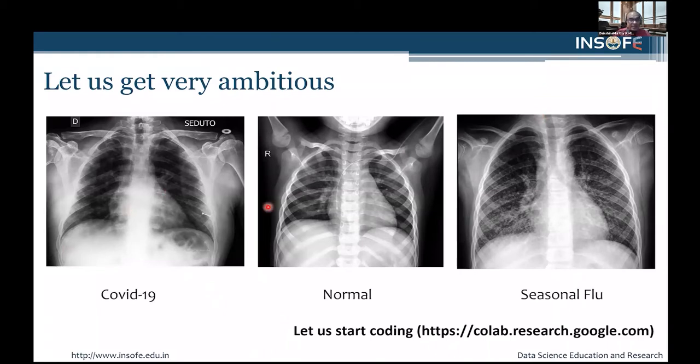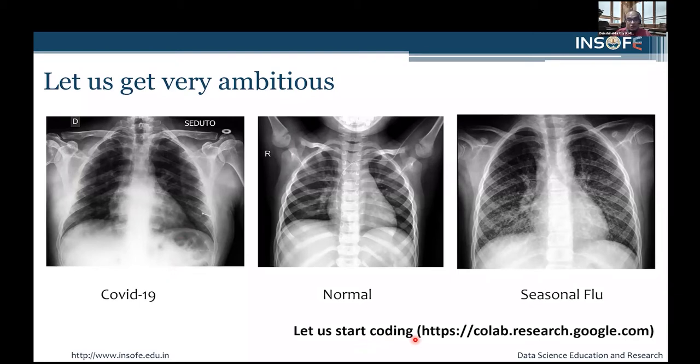And we realized, actually these x-rays: this belongs to a COVID-19 patient, this belongs to a seasonal flu patient, and this is a normal person. And this is very difficult. Unless there is a doctor in this classroom, it's extremely difficult for you to know what belongs to what and how they differ from each other. Let's see how our program handles this.